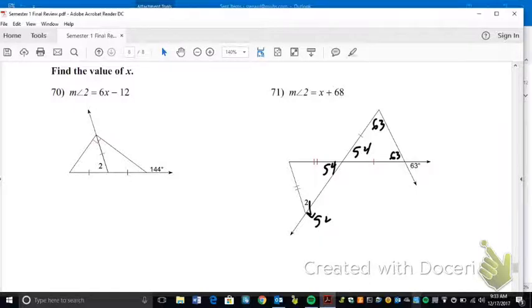And again, we get that because of the isosceles triangle theorem. So we subtract 68 from both sides, and we get x equals negative 14. Again, it's okay for x to be negative, just not the length of a side, length of a segment, or the measure of an angle.